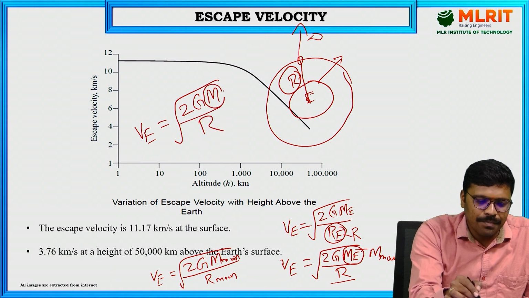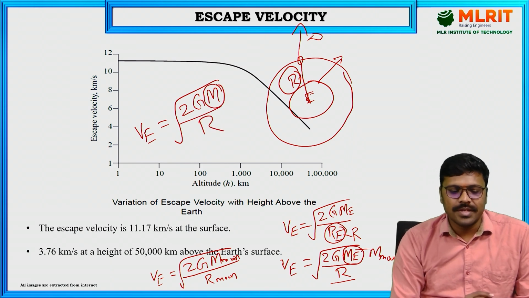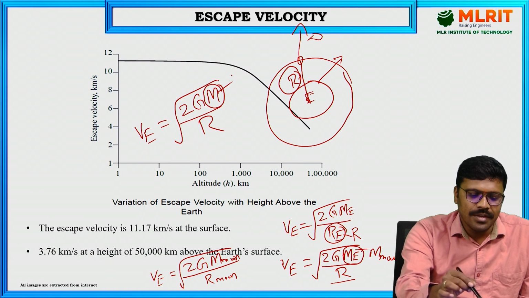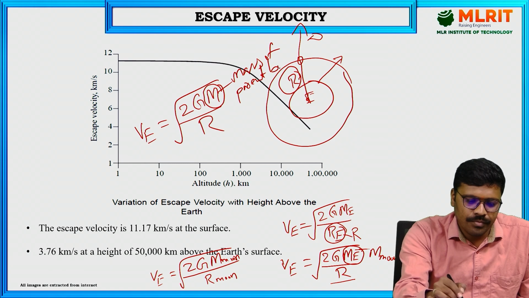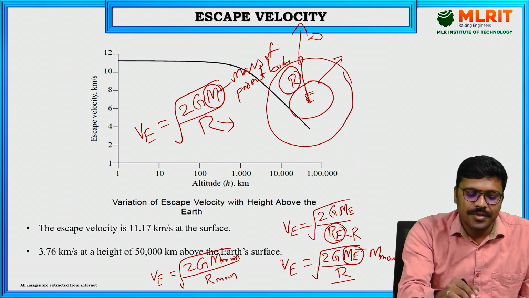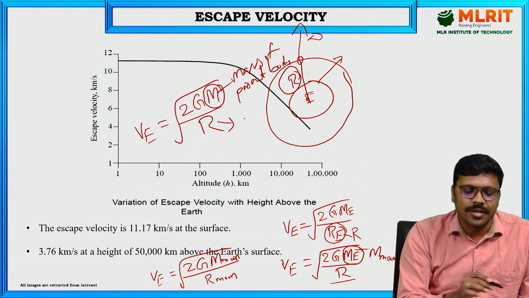Here M is the mass of the parent body, and r is the distance of the object from the center of the parent body.